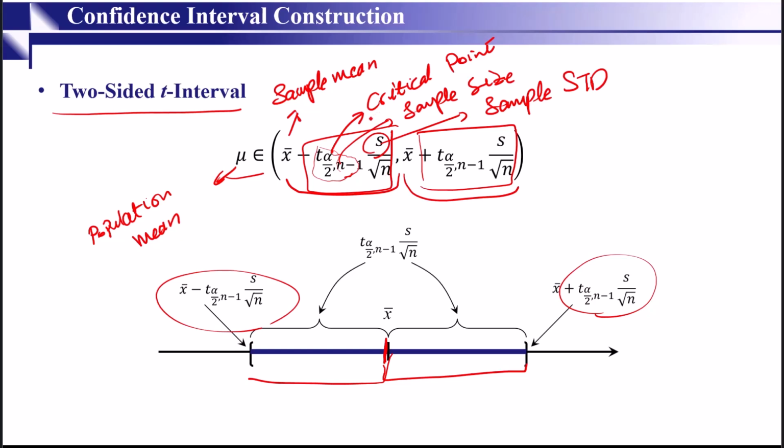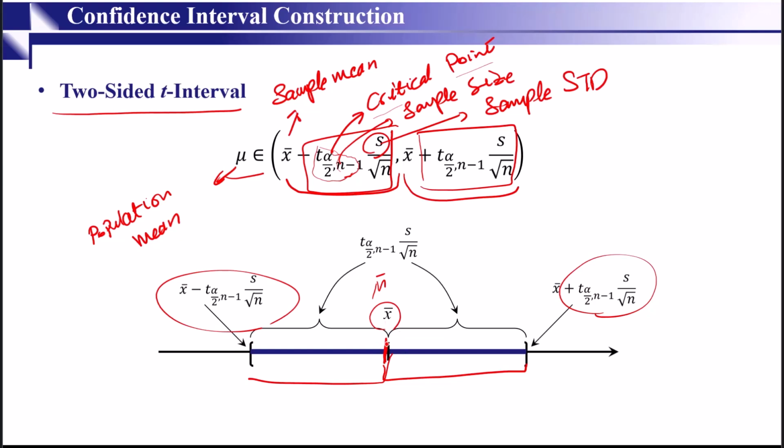So we have one new terminology here, critical point. A critical point is the value from a statistical distribution, like for example a z-score or t-score. We use this critical point to determine the margin of error that corresponds to the desired confidence level. So in this figure, we show a two-sided t-interval. The interval is centered at the best guess, x bar, that is our sample mean, right?